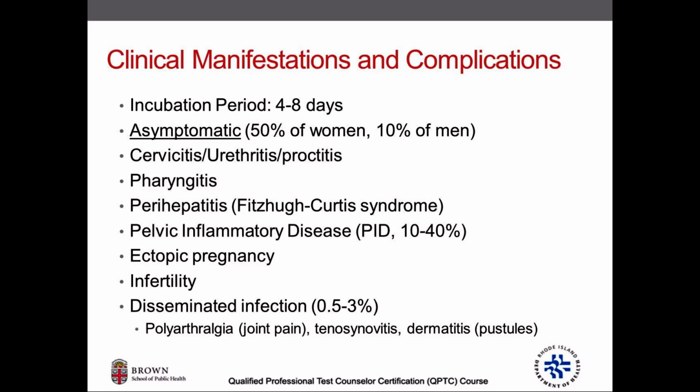And similar to chlamydia in women, you can have a number of severe complications, such as pelvic inflammatory disease, ectopic pregnancy, and infertility. Gonorrhea may also disseminate in a very few percent of the cases. This means that it may infect your blood and cause things like joint pain, tenosynovitis, which is inflammation of your tendons, as well as dermatitis, and cause pustules and skin rashes.